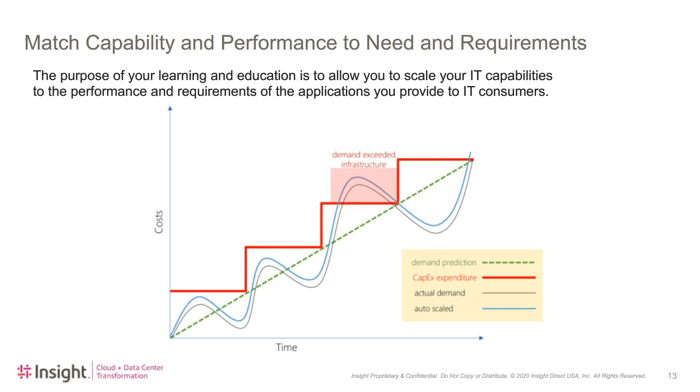So when you do that, you're having to overbuy infrastructure for a potentially variable demand on the infrastructure. So you're overpaying. Cloud helps you match that very closely through automation, scaling, and elasticity. And this just really shows how costs over time, if you choose a public cloud option, can match the requirements of the organization.